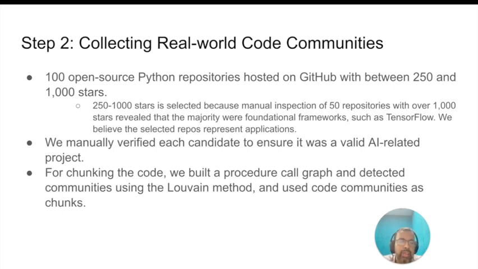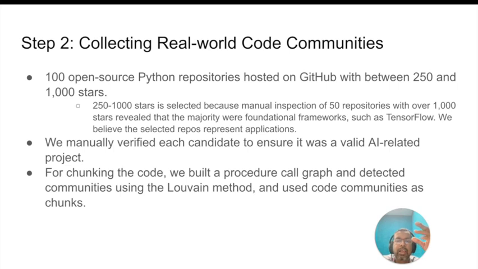What we did was we used different filtering criteria and tried to manually inspect. What we found is that any repos that have more than 1000 stars are usually frameworks like TensorFlow, etc. But we were actually looking for how people build AI apps, not how people build AI frameworks. So by trial and error, we found that 250 to 1000 stars is a good place to look for AI apps.